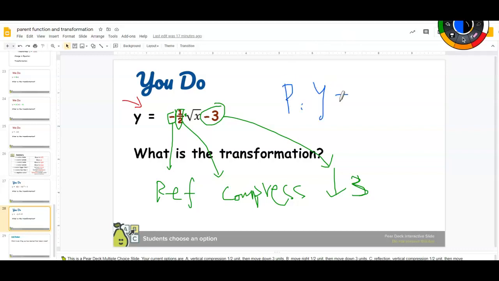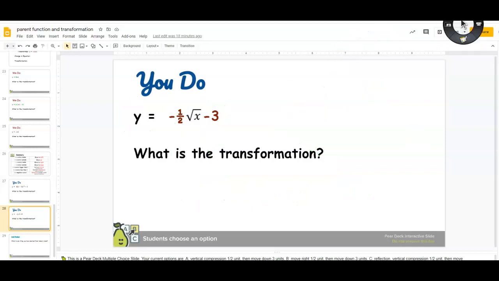It is y equals what? Look at your baby equation here. What is the most basic part in it? It's here, square root of x. So your parent equation is square root of x, and you know the picture must be half of a arm.